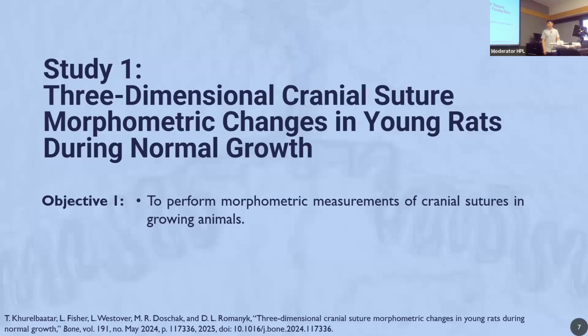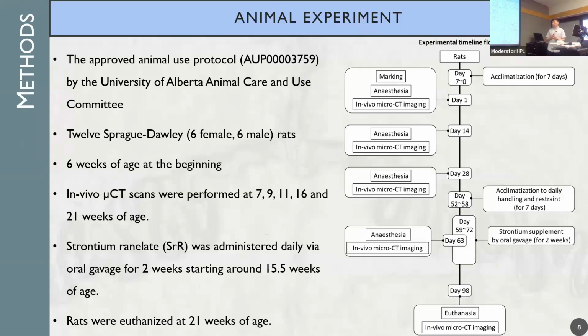Okay, here's my first study towards objective one. In this study, I did an animal experiment with 12 Fischer rats and performed in vivo micro-CT scans at various time points. And the bone growth was dynamically traced with strontium ranelate.